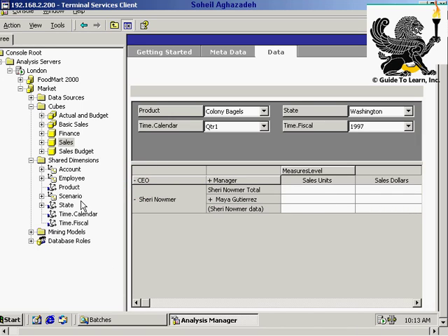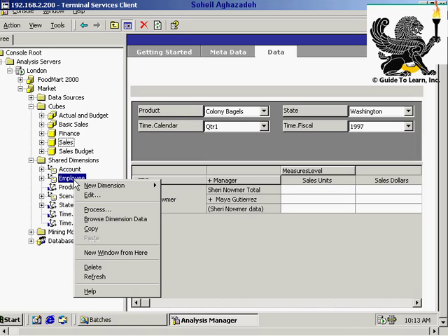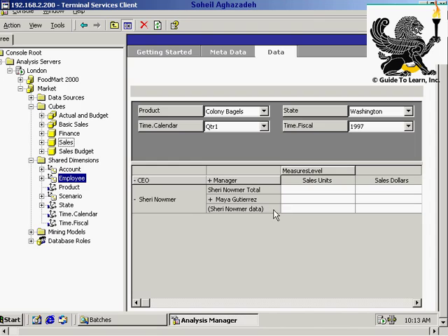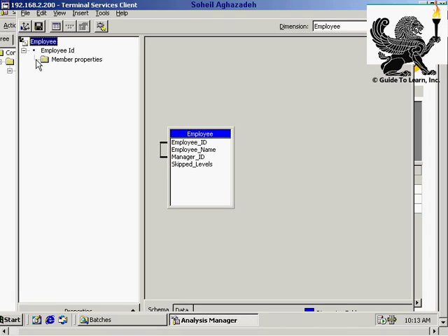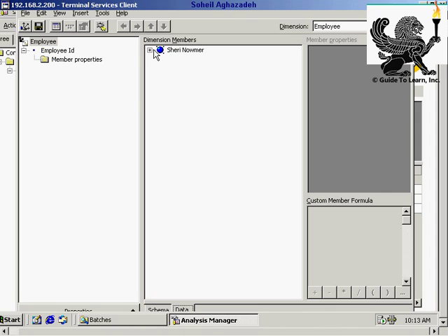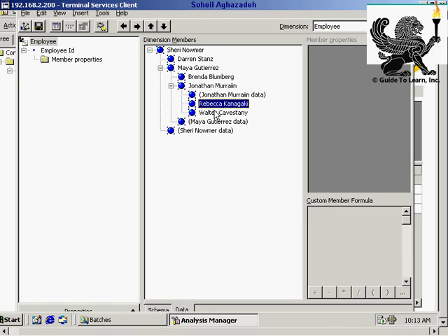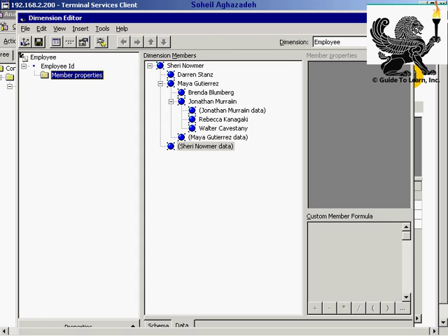Also, sometimes you might want to deal with a particular value. If I go, for example, with the specific dimension in here, if I go to the edit, as you see, the editor comes along, and if I wanted to take a look at the data, and if I click on some of these particular variables, you might see a member property in here. And as you see, there is no member property for this particular dimension.